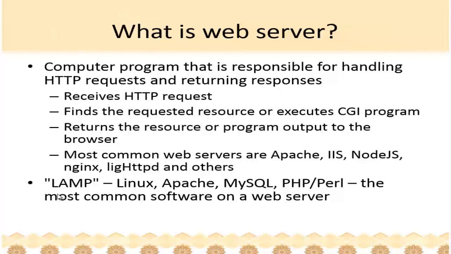IIS, Internet Information Server, runs only on the Windows platform. That's why it doesn't have the kind of mileage that Apache has. Others, some of them will work on Unix, others will not, and so forth, but the percentage is very small. These two are the dominant ones, one from the Microsoft world, the other one Apache.